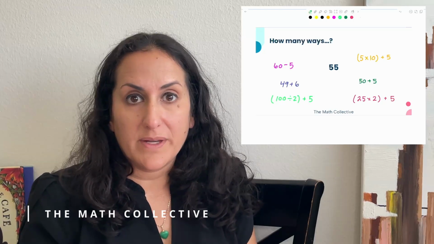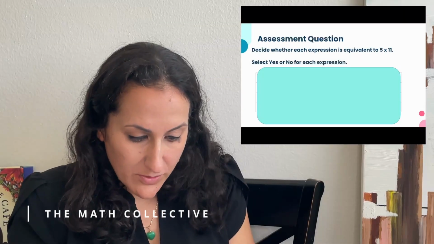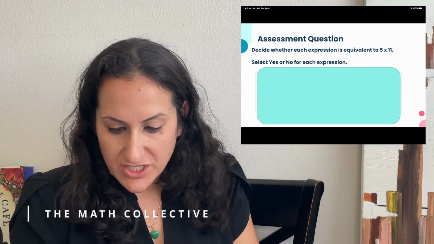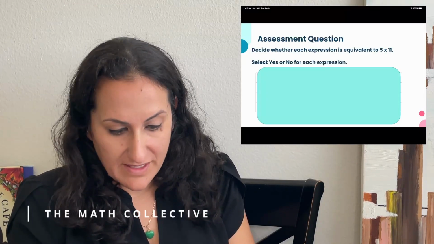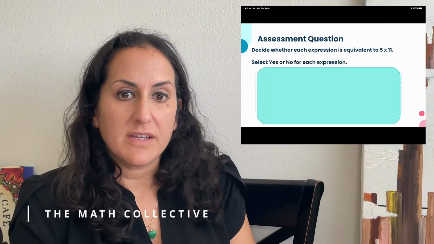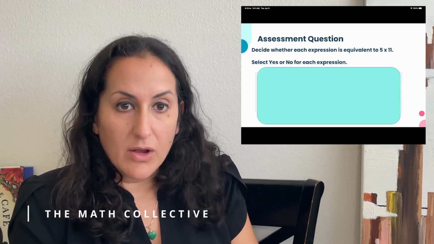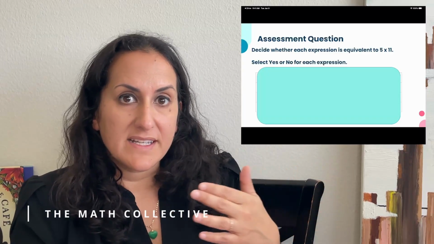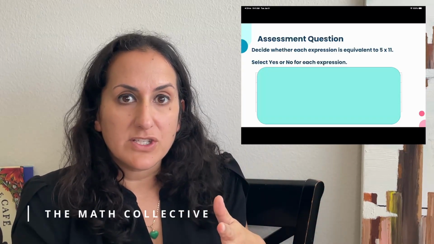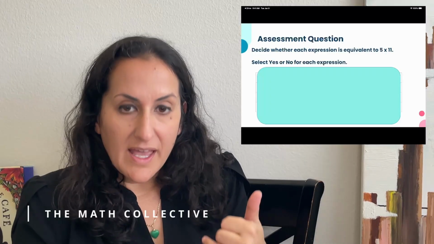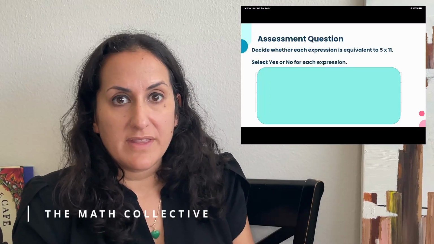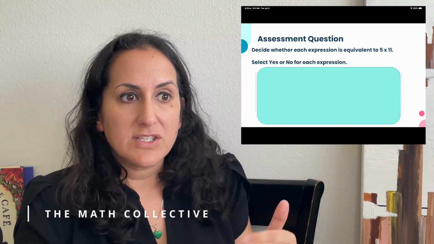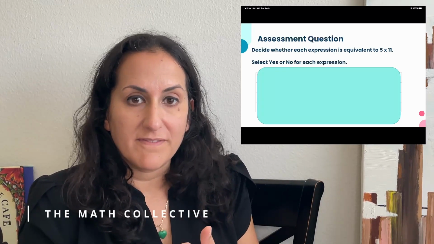Okay, so here we see a problem that says decide whether each expression is equivalent to 5 times 11. Select yes or no for each expression. The most important thing when our students are getting ready to enter this test prep season is to think about what vocabulary do they need to have exposure to, and then also what testing structures are they going to encounter that perhaps they haven't really dealt with much in math and that we can start to integrate in order to boost their confidence.